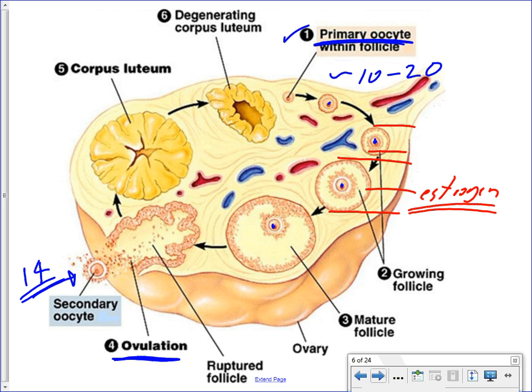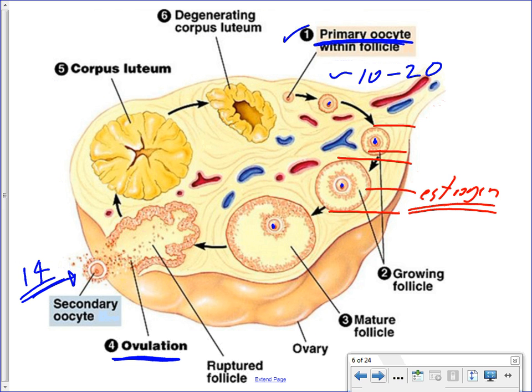Out of the 10 or 20 that begin to develop at the start of the ovarian cycle, what usually happens in humans is that by the time it reaches the stage of the mature follicle, the one that is growing the fastest, the one that is the largest, is going to send out inhibitory signals to all of the other ones, and they are going to end up degenerating, not just in that one ovary, but in the other ovary as well.